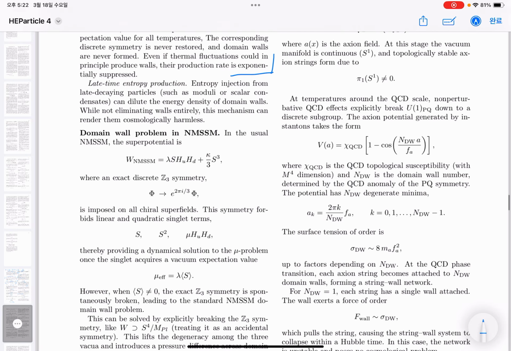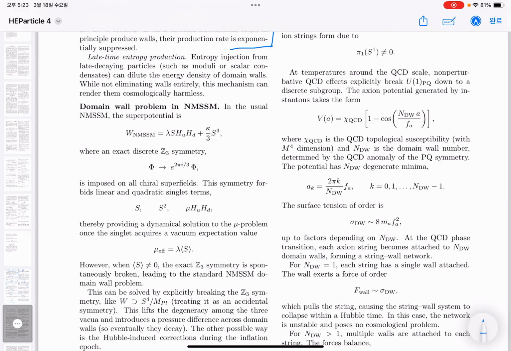Now we turn to why the domain wall problem arises in some specific new physics models. The first one is supersymmetry, and the second one is the axion model.